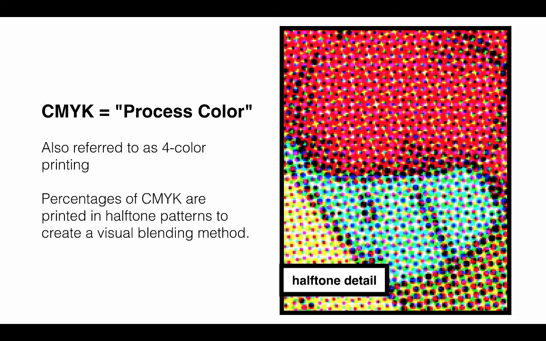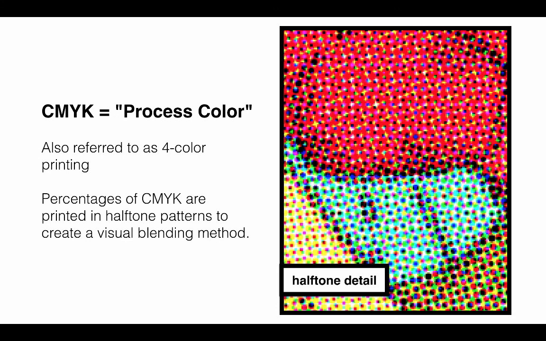And that's also why if you ever hear someone talking about what size the halftones or the screens are supposed to be, then as you can imagine, the larger the dots are, the larger the halftones are, and the more they're separated from each other, the less visual detail you're going to have, and the color's not going to look as good.